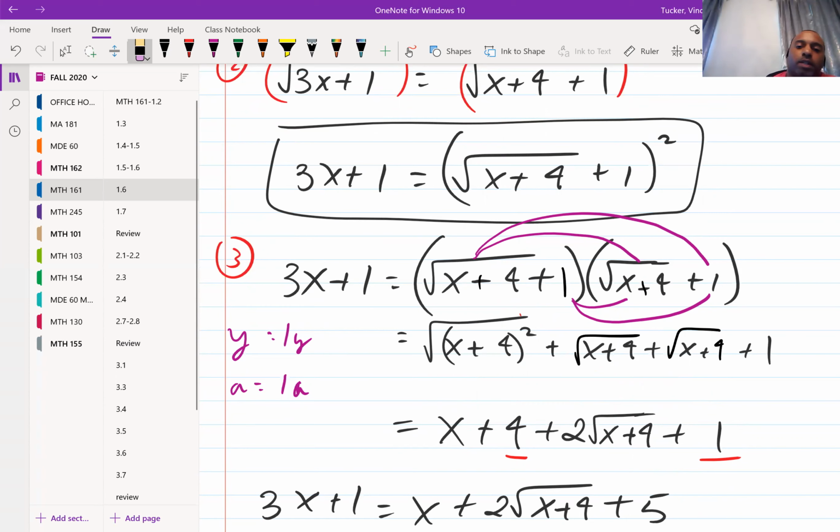That's going to be the square root of x plus 4 times the square root of x plus 4, the square root of x plus 4 times 1, then 1 times the square root of x plus 4, and then 1 times 1. Before we look at simplifying the expression, questions on foiling that out, how we got here?